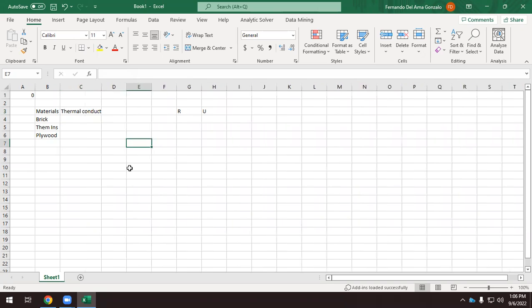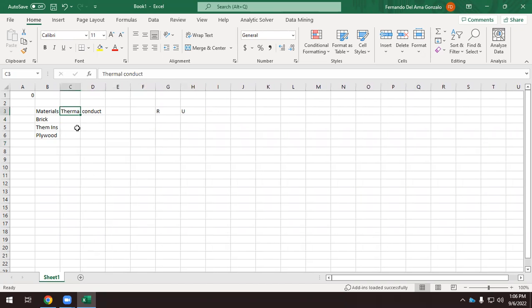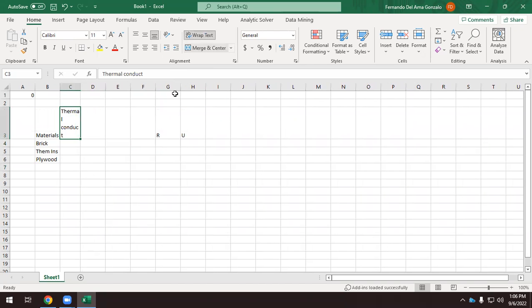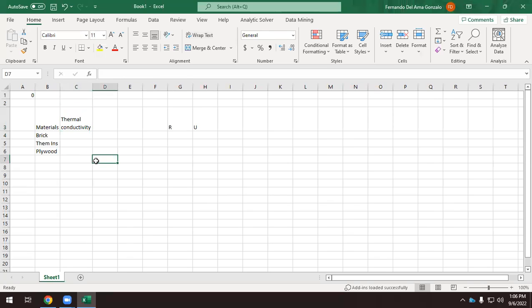We can change the width of the cells, or we can click here and wrap text and try to make it nicer. Thermal conductivity. There you go. Okay, so we have material, thermal conductivity. What else do we need?